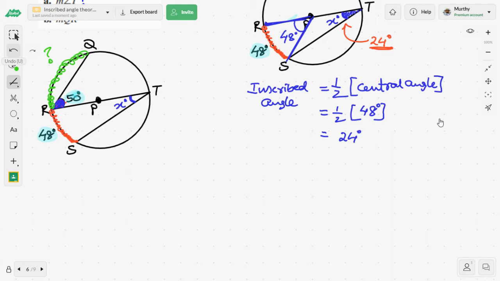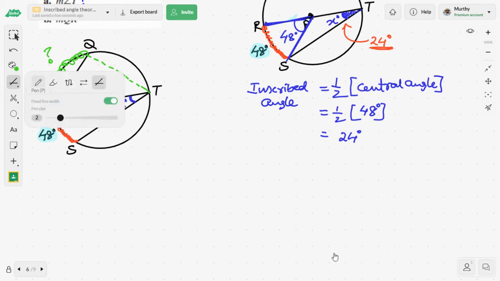Okay, 180. Now let me imagine that there is another line which is joining QT. Now I see that a triangle is formed, right?